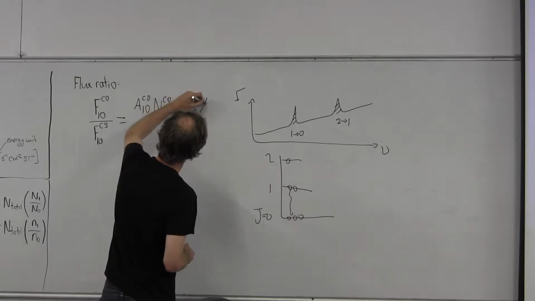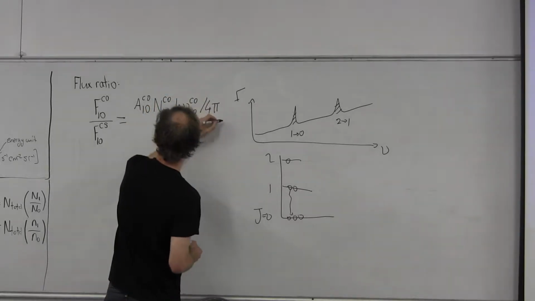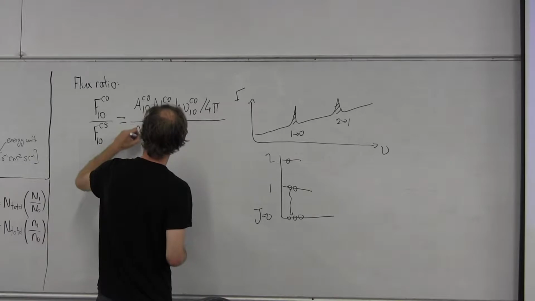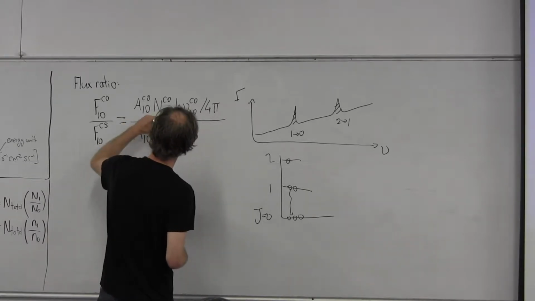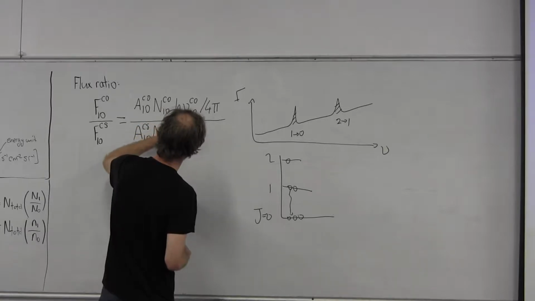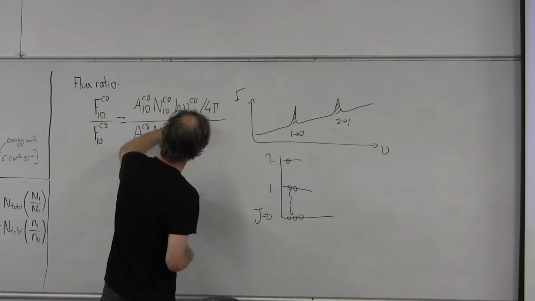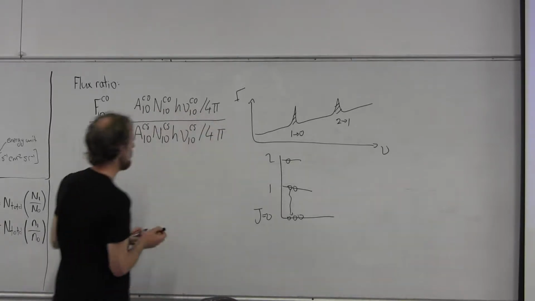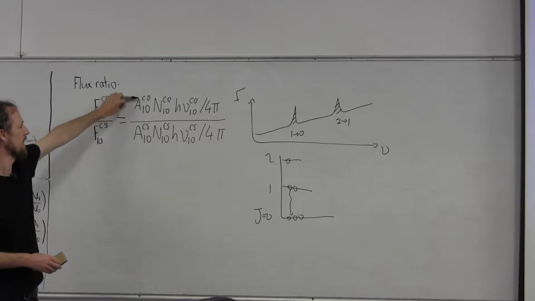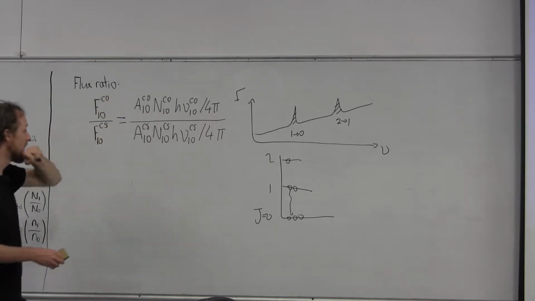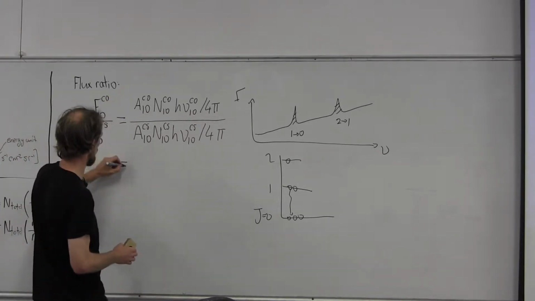It's a lot of terms, but you know. All I've done is take the equation for the flux and consider this ratio for everything that's calculated about CO and CS. And the idea is that we can simplify that quite a lot.